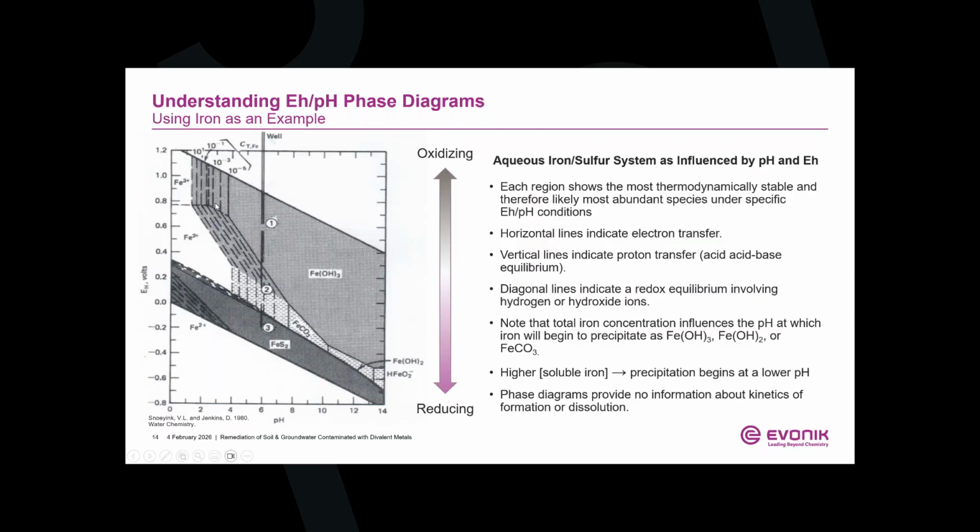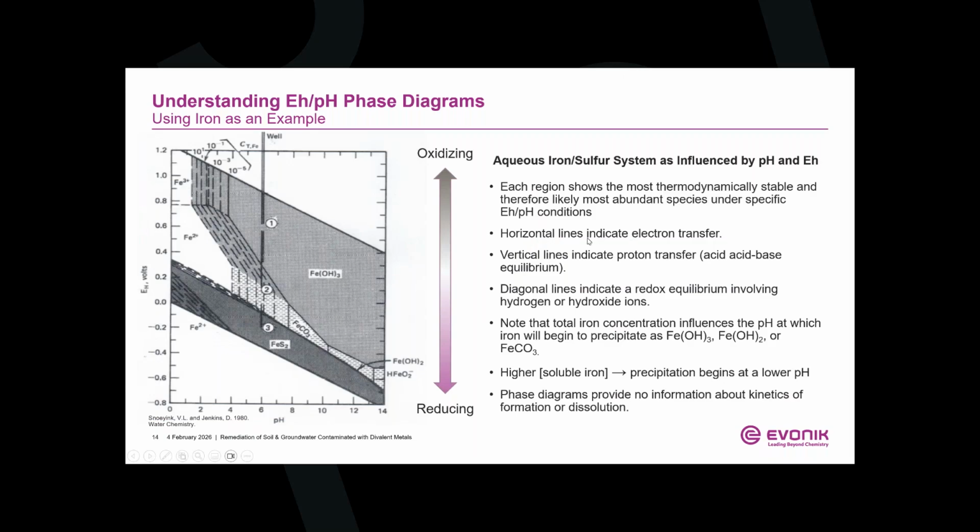So let's look up here in the upper left. High EH, oxic environment, and acidic pH. Under those conditions, you can have some ferric iron in solution. Moving down, having stronger reducing conditions, although still aerobic. If you have acidic conditions and slightly more reduced conditions, you will have ferrous iron.